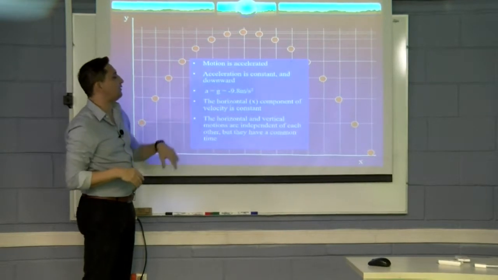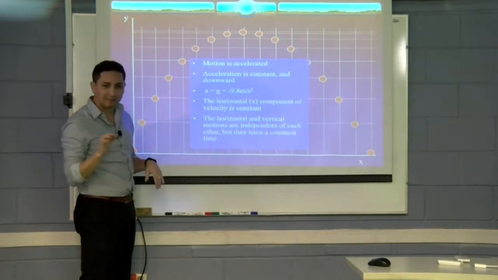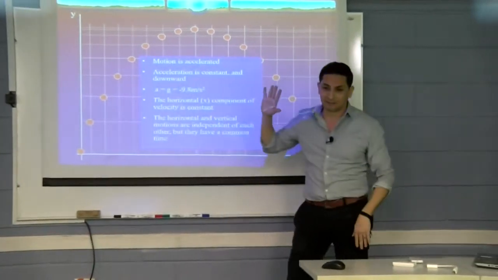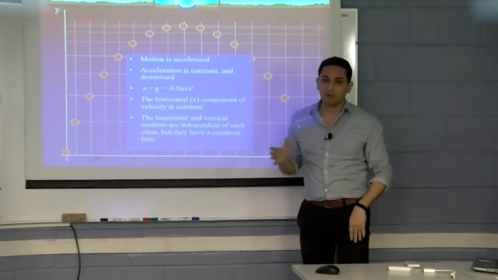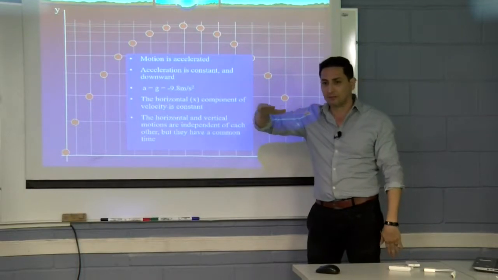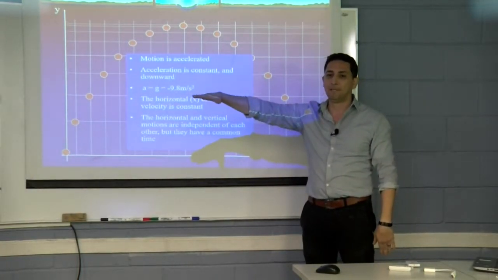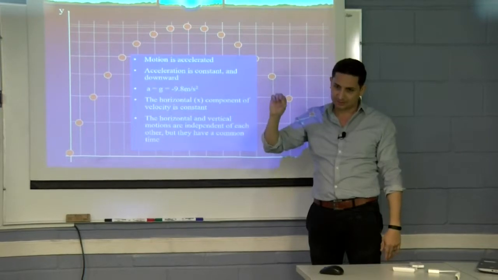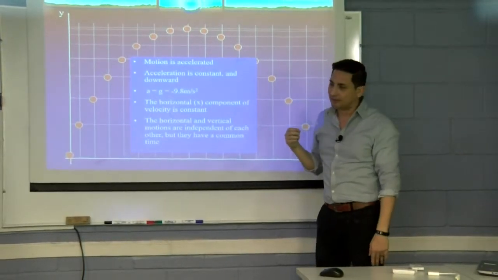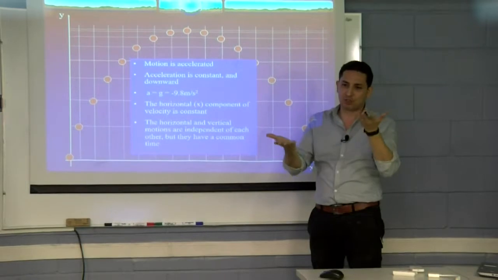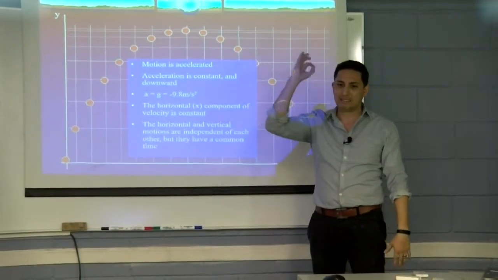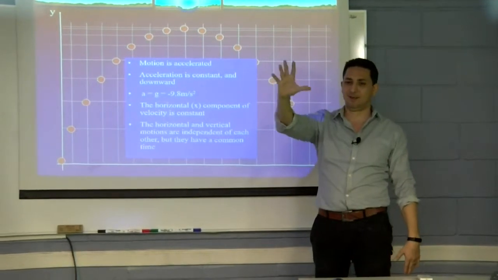Talking about the horizontal axis, or the movement that we have in the x-axis, the horizontal component of velocity is constant. And if you remember one of the classes where we talked about velocity, when you have constant velocity, it means you don't have change in velocity. And that means that if you don't have change in velocity, the acceleration is, yes, 0.